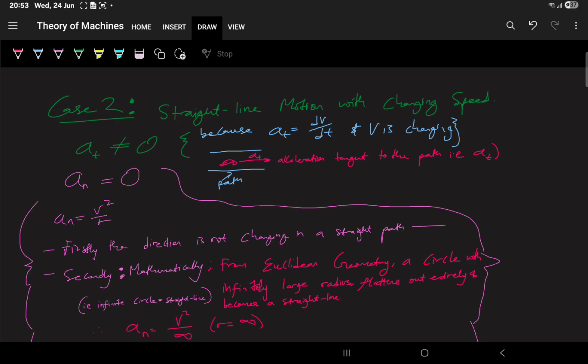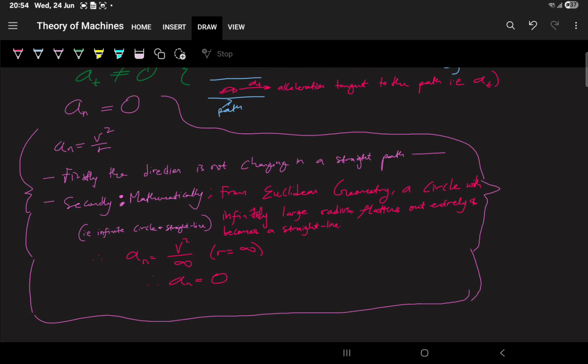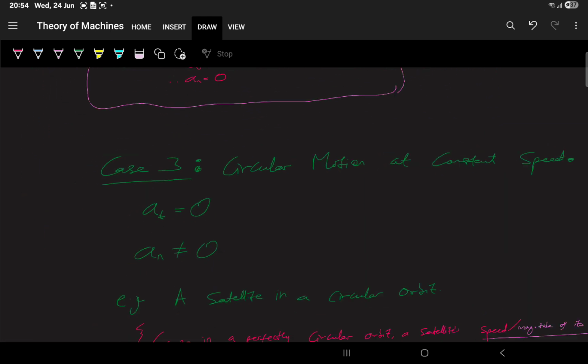Therefore, at will not be equal to 0 because dv will not be 0. However, an will be 0 because it's still a straight line, as explained earlier. And here is a judgeable note of that.